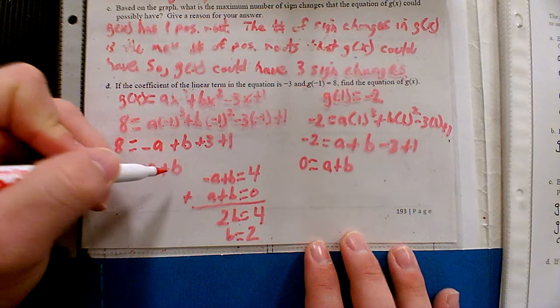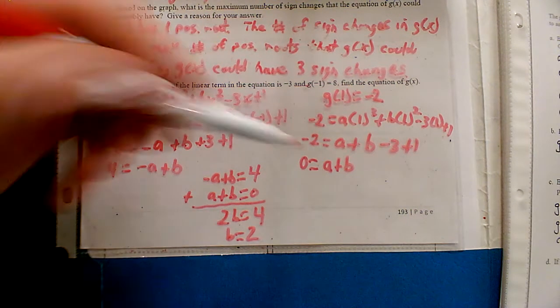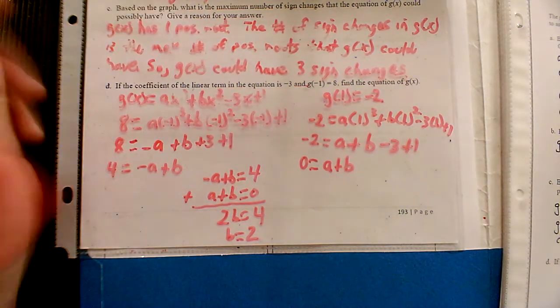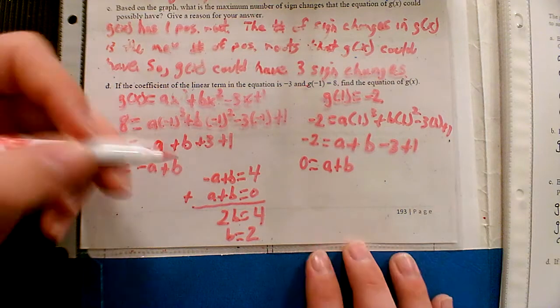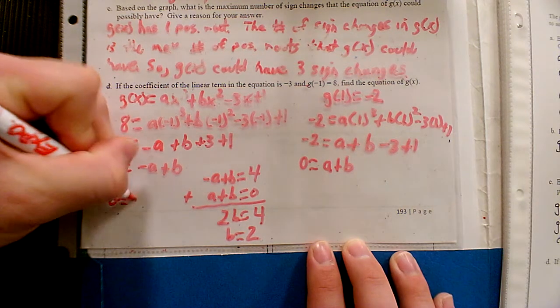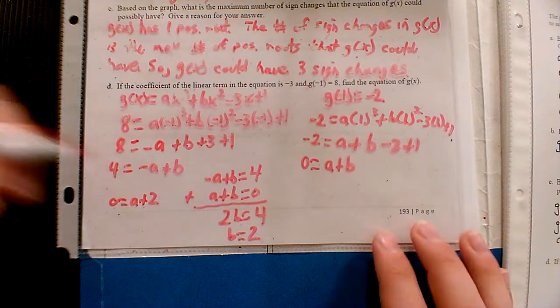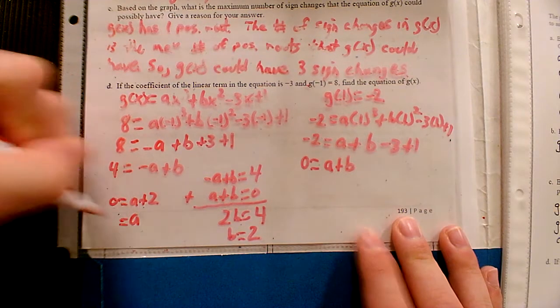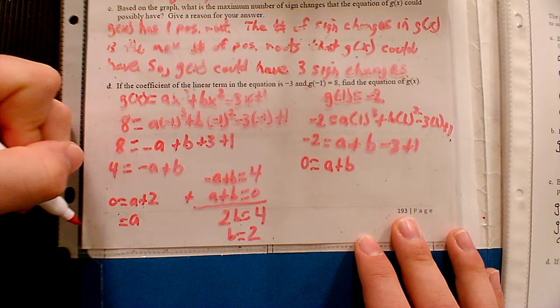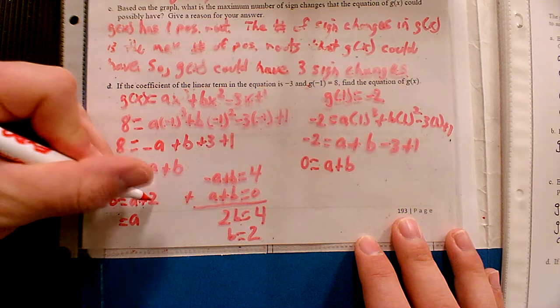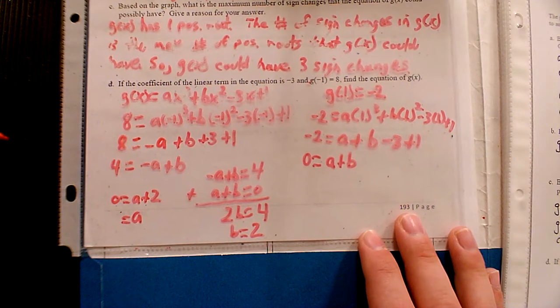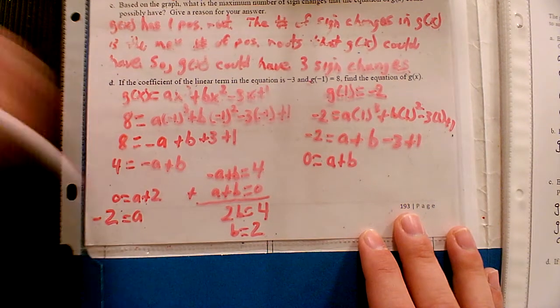So if you plug your 2 in for B, what do you get for an answer for A? This one over here seems easier to plug it in. A has to be what? A would equal 2. Close. If I plug it in here, I have A plus 2 equals 0. Oh, sorry, negative 2. Yeah, negative 2.